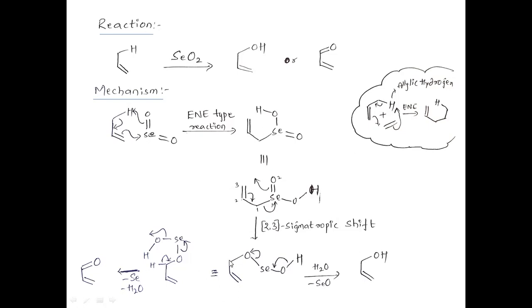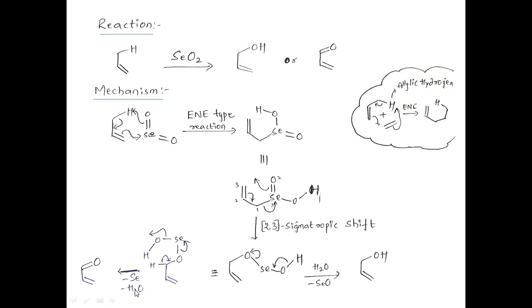Next, the same molecule I am representing like this. Here we have an allyl hydrogen. So this allyl hydrogen is undergoing a dehydration type of reaction, and elemental selenium is eliminated in this case. This CH bond pair of electrons is shifted over here. You get a carbon oxygen double bond, and this oxygen selenium bond pair of electrons is shifted over to selenium, and this is eliminated as OH minus and H plus.